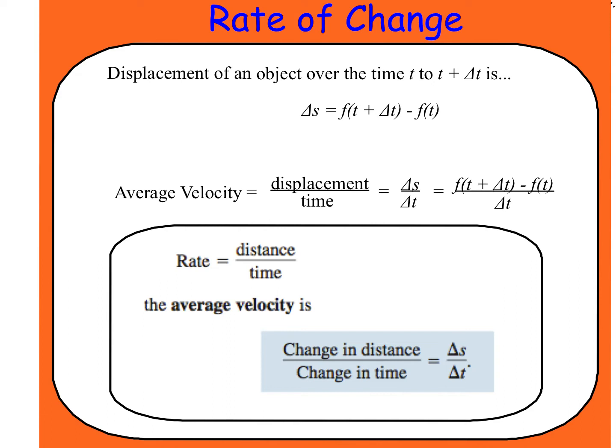But if we talk about average velocity, I want you to think of it as algebra slope of your distance. So it's going to be your change in distance over your change in time. I want you to write down: average velocity is algebra slope of distance. So we all got that?